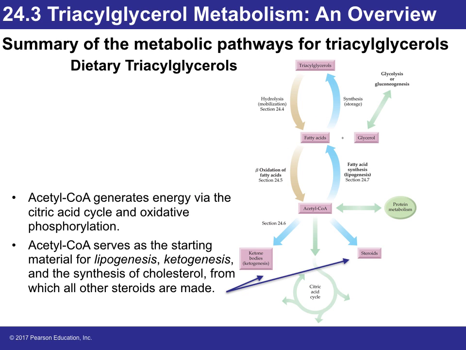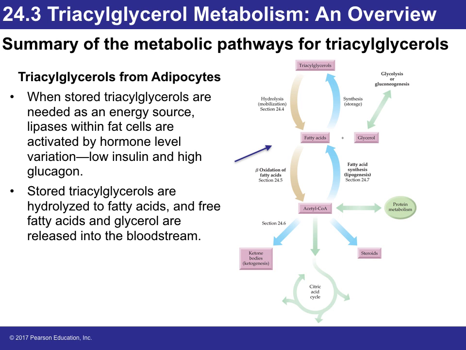Look here, where acetyl coenzyme A can either generate energy, and that's from the citric acid cycle and oxidative phosphorylation, but it can also be the starting material for lipogenesis, ketogenesis, and the synthesis of cholesterol, from which all other steroids are made. So triglycerols from adipocytes. Adipocytes are the cells that contain the adipose tissue, so they are the ones that store that energy source.